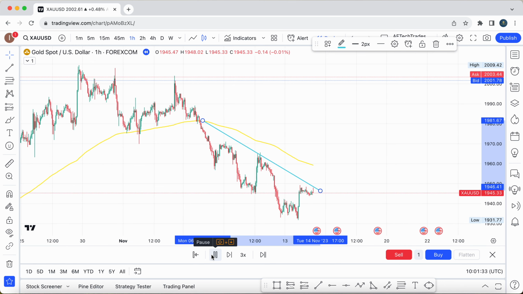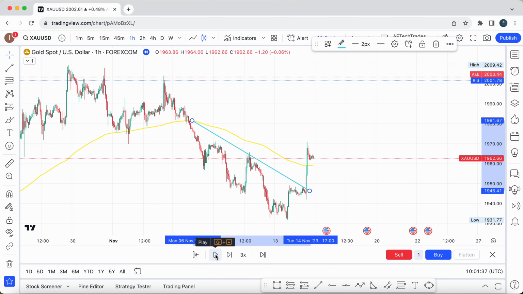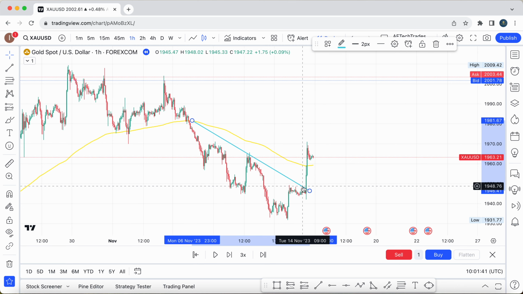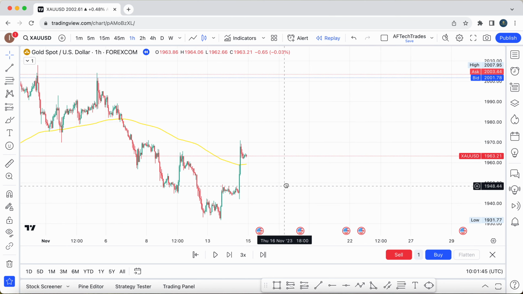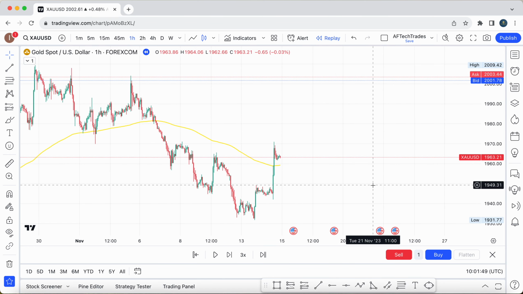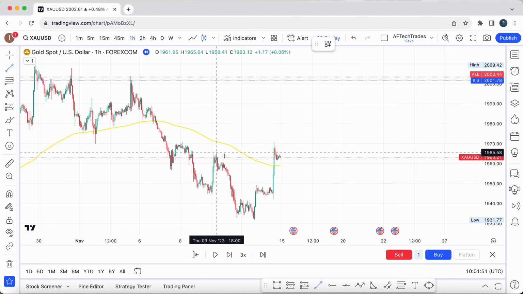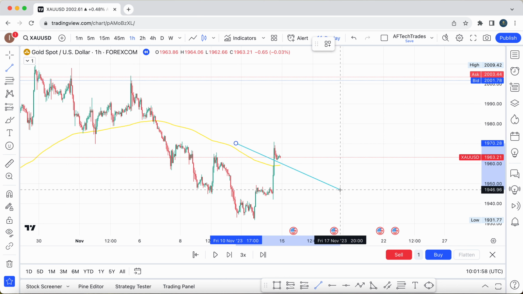So we are patiently waiting for this market. So you see, the market just broke our 200 EMA and our trend line, right? So now we'll be waiting for a retest. Let me just draw a trend line from the breakouts, right?